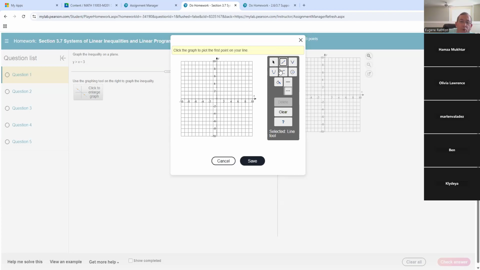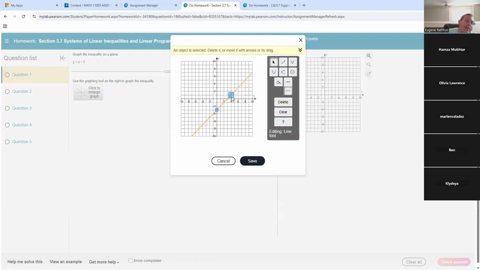Now we're going to plot our 2 points. We had 4, 1, so that would be right 4, up 1. And then my second point was 0, negative 3, so start at 0 and go down negative 3. See, it's drawn my dashed line.